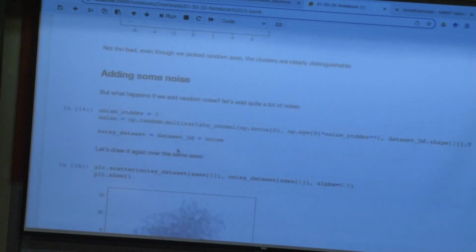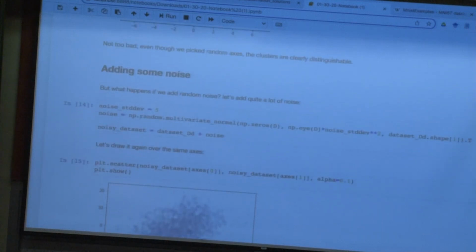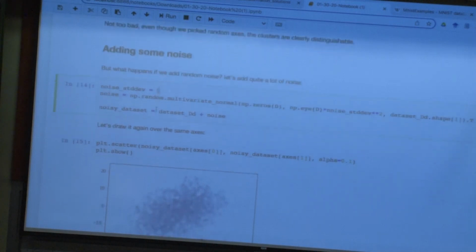But now what happens if in my 25-dimensional space, I also add some noise? I took my vectors and added noise here, and I added quite a bit of noise. I think my initial standard deviation was 1, and now I'm adding noise at standard deviation 5. So it's quite a bit of noise.